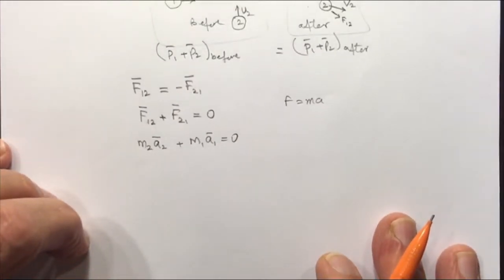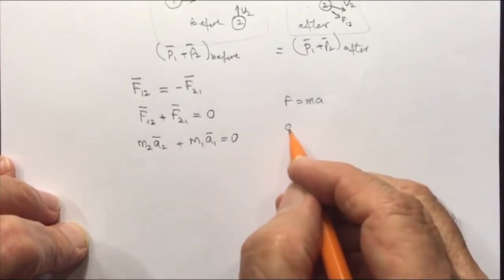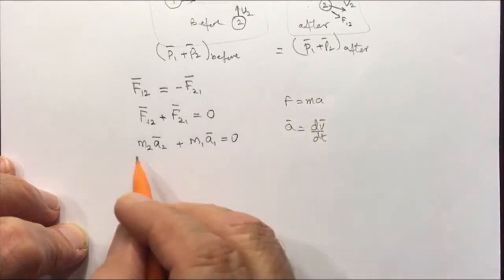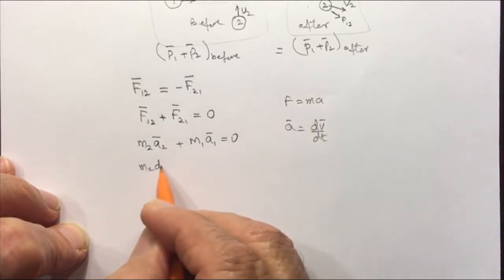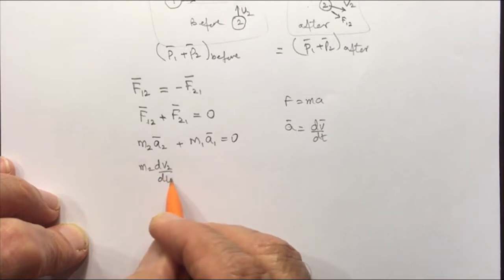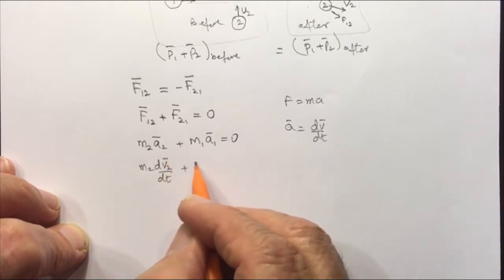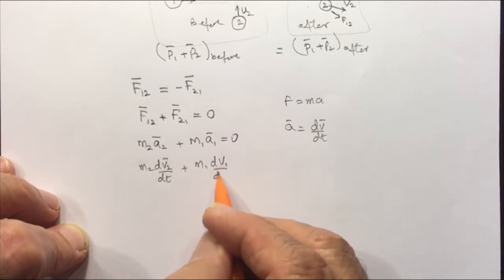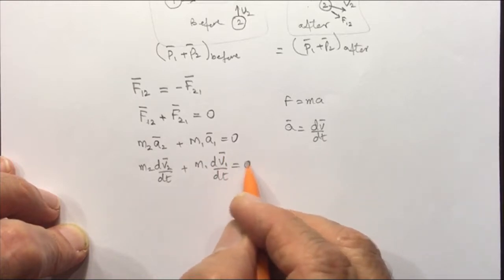Now we know that the acceleration is dv by dt, so we write this as m2 dv2 by dt plus m1 dv1 by dt, vectors.